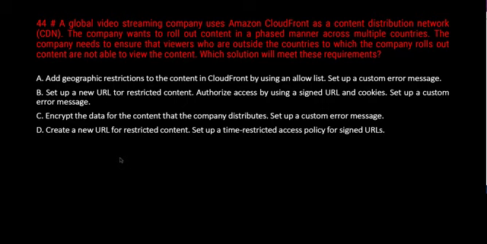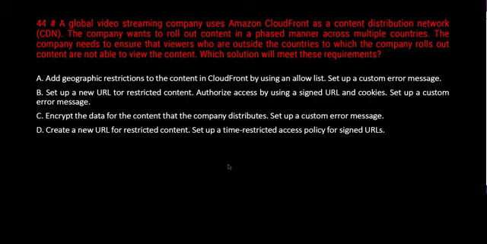The company needs to ensure that viewers who are outside the countries to which the company rolls out content are not able to view the content. This is a typical example of Netflix, right? Some movies that are available in the US are not available in India, and some movies that are available in India are not available in the US. That's why so many people use VPNs and whatnot. So they are saying that is the requirement; which solution will meet these requirements?